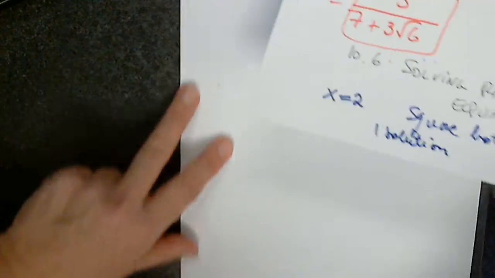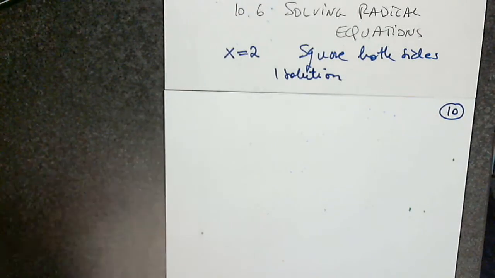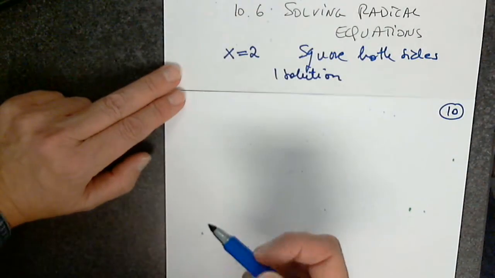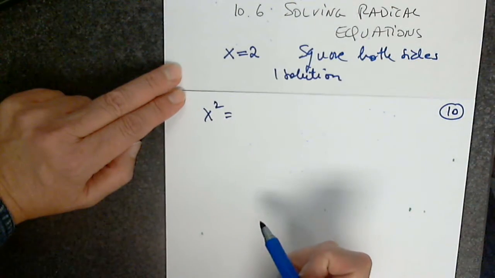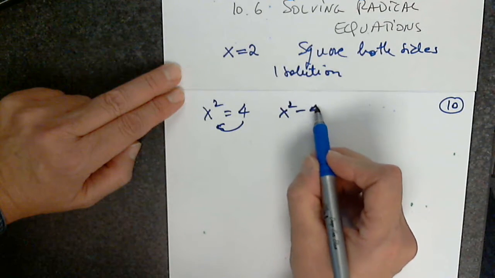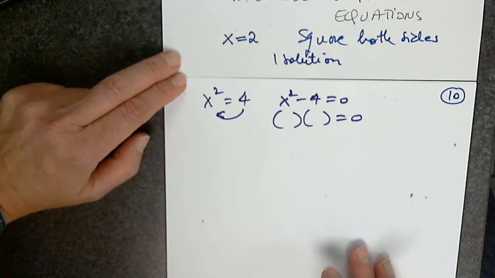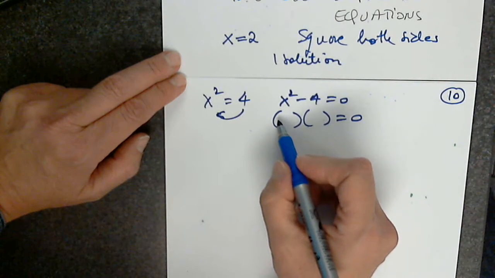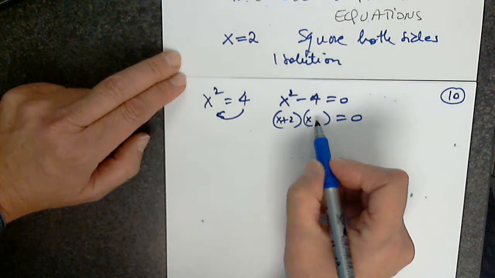Now, I decide, for an odd reason, actually no reason, to square both sides. Can you square the left-hand side for me? Good. Can you square the right-hand side for me? 4. And let's move forward to the other side, and I have x squared minus 4. Let's factor the left-hand side. Those will be 3 terms.